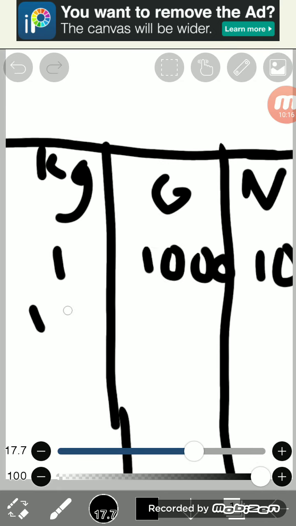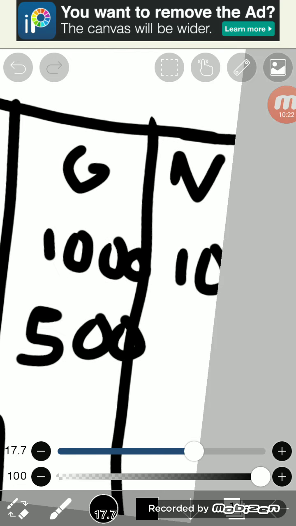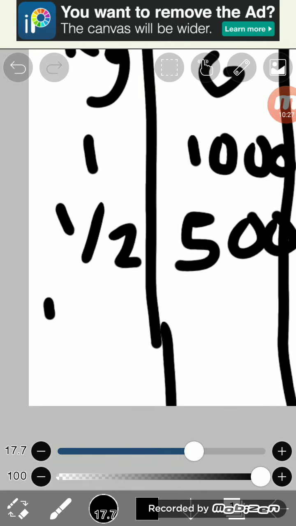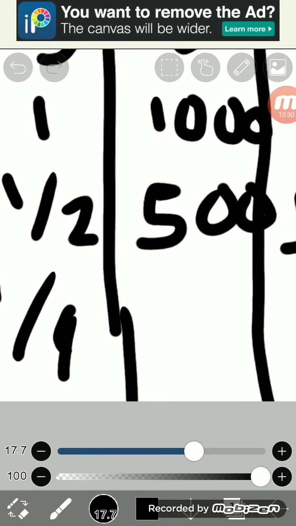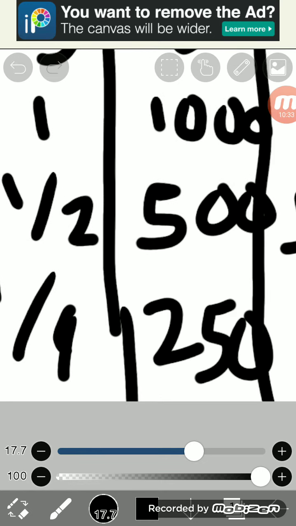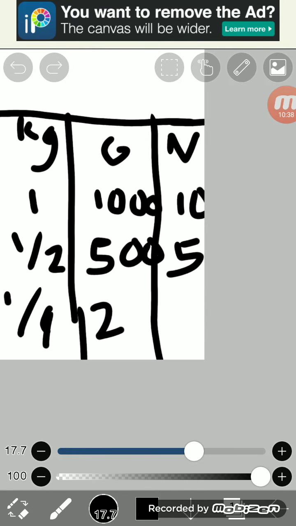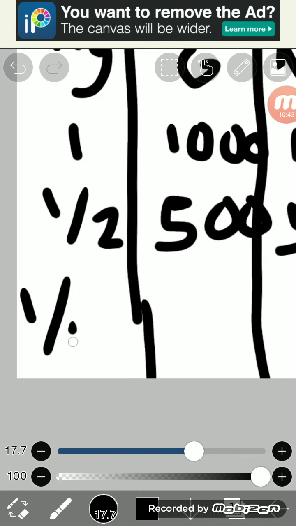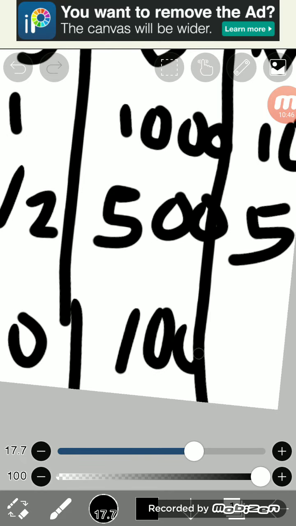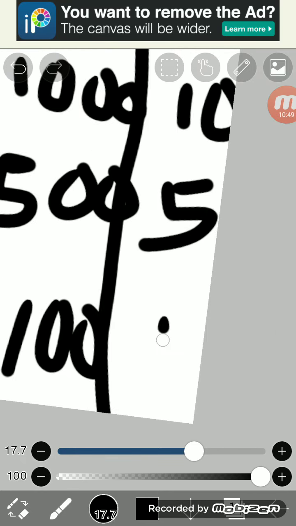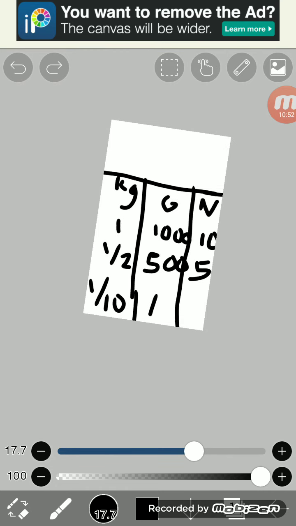If it's 0.5, that would be 500 grams, so the Newton will be 5. A quarter would be 250 grams, and the Newton will be 2. Last but not least, 1/10 would be 100 grams, then the Newton would be 1. So moving on.